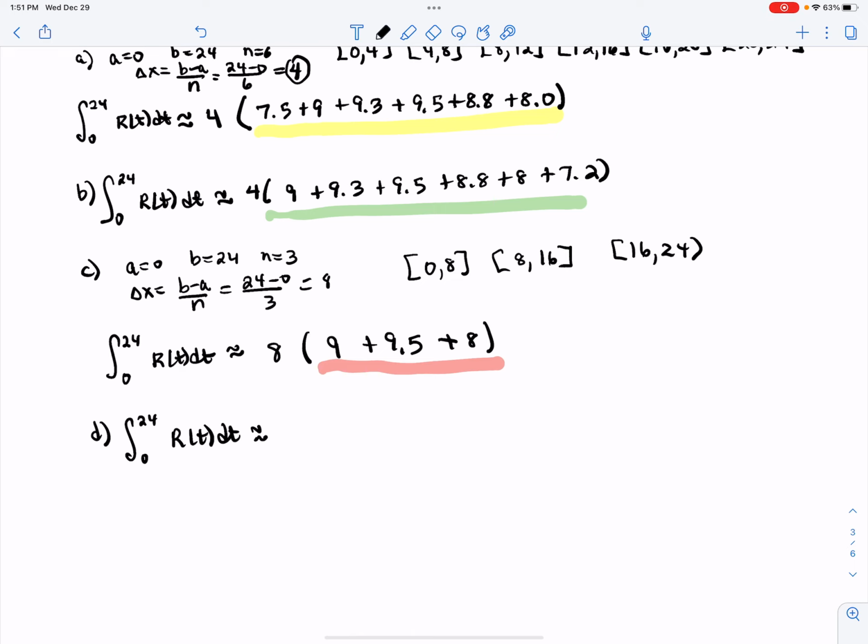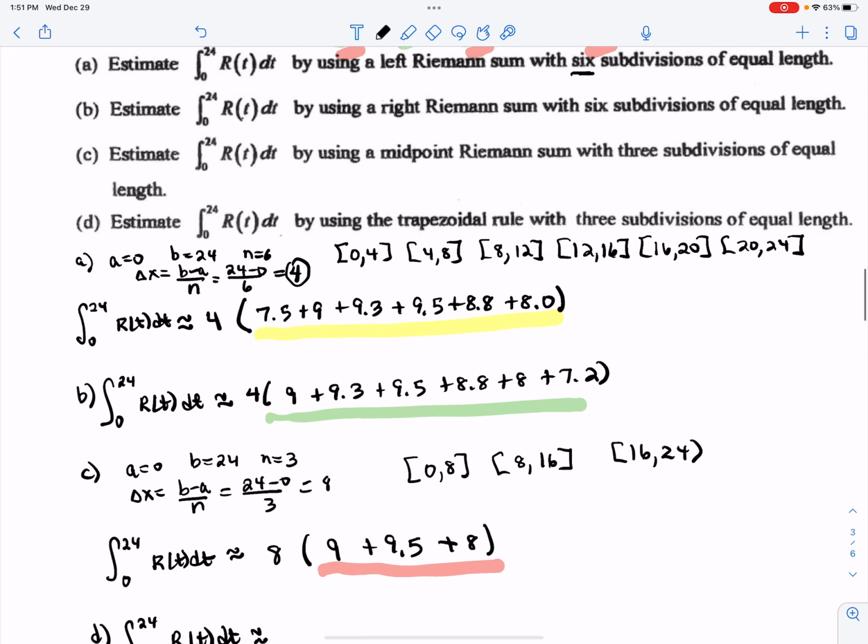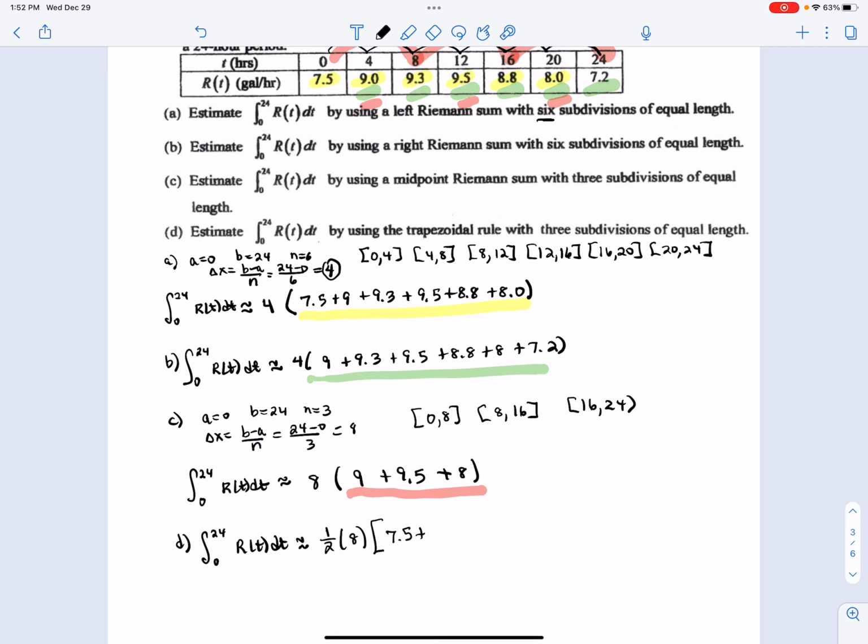All right, so I wish I could show you the chart. Wait, let me see if I can make this smaller. Okay, so what we do here, and this is a little trickier, we do 1/2 the height, which is delta x, and it's the first y value plus the second y value plus twice the second.